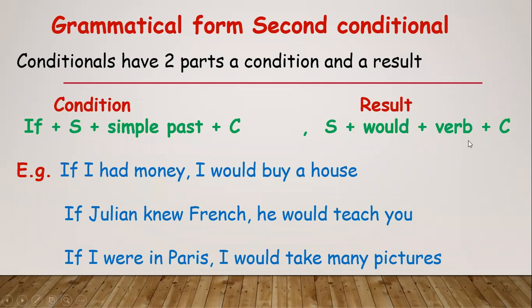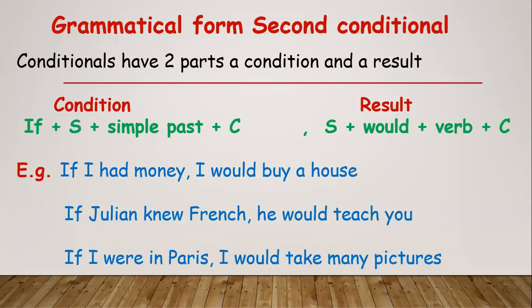And also the main verb, and finally the complement. Example: if I had money. If, subject is the pronoun I, simple past verb had, and complement, money. Result: I, subject, would, main verb buy, and complement, a house. If I had money, comma, I would buy a house.